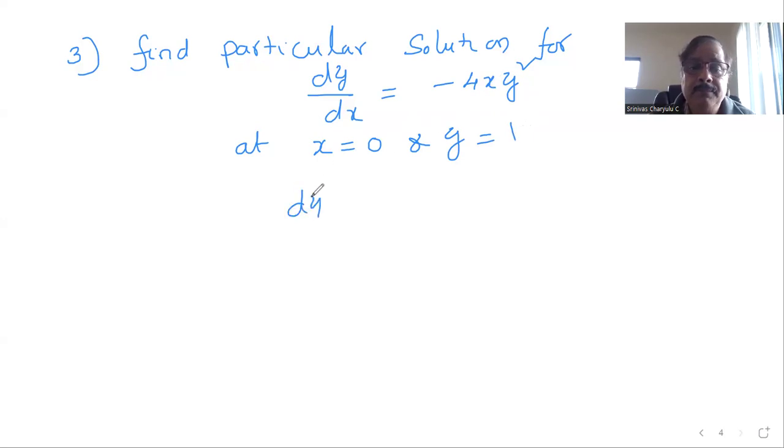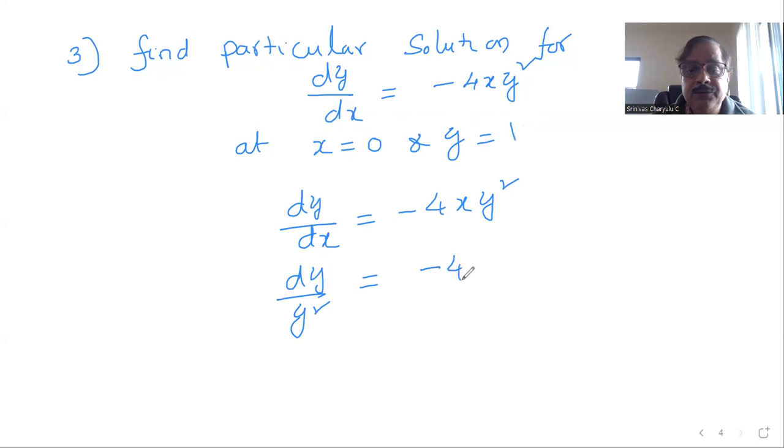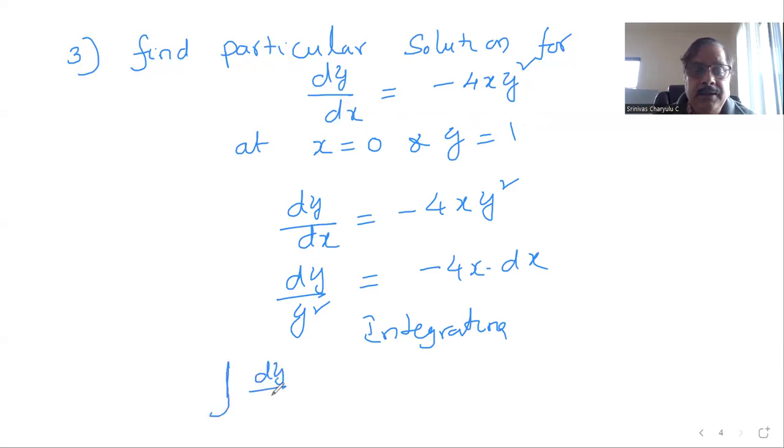So given sum, dy by dx is equal to minus 4xy square, variable separable method. So dy by y square is equal to minus 4x dx. Integrating, integral dy by y square is equal to minus 4 times integral x dx.